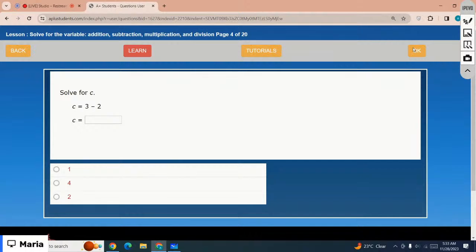Okay, C equals 3 minus 2, so which is the correct option? Yes, the correct option is 1. 3 minus 2 is 1.